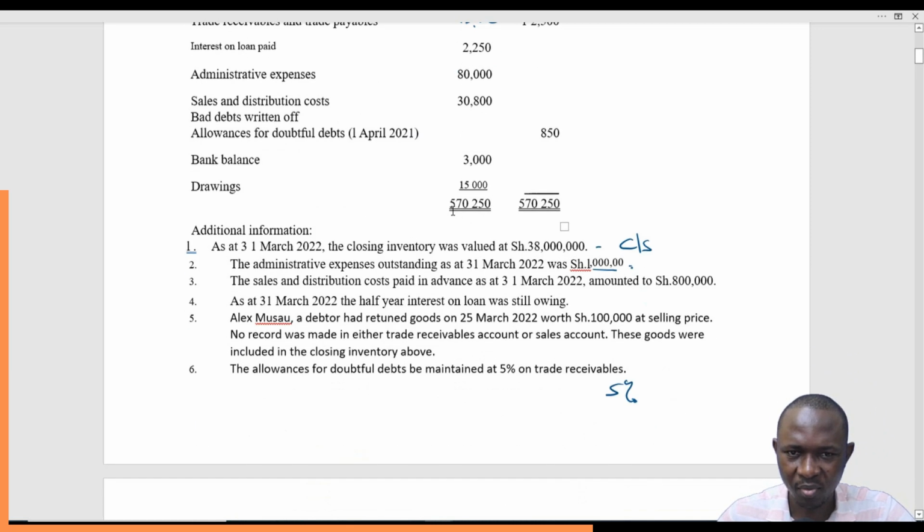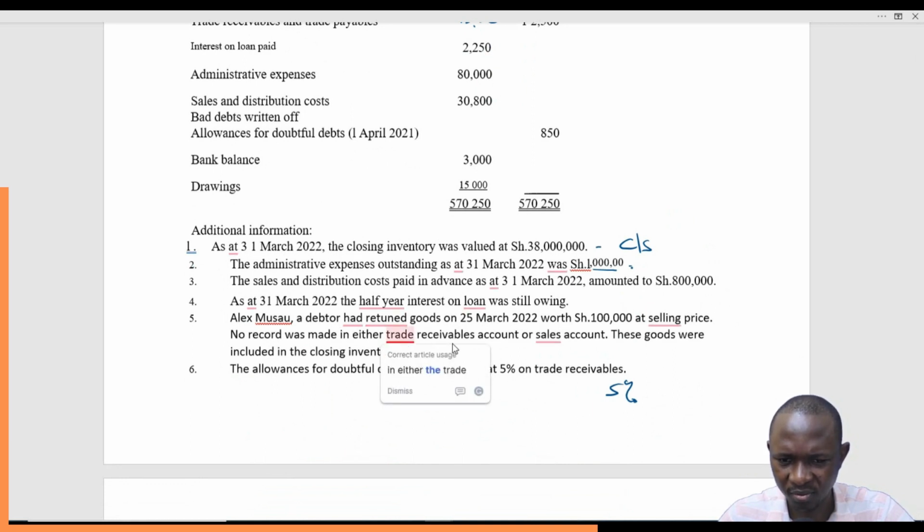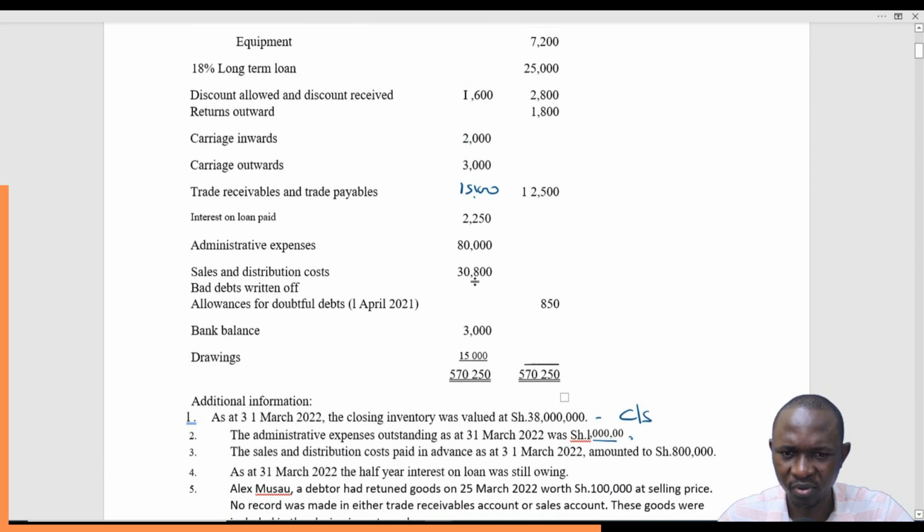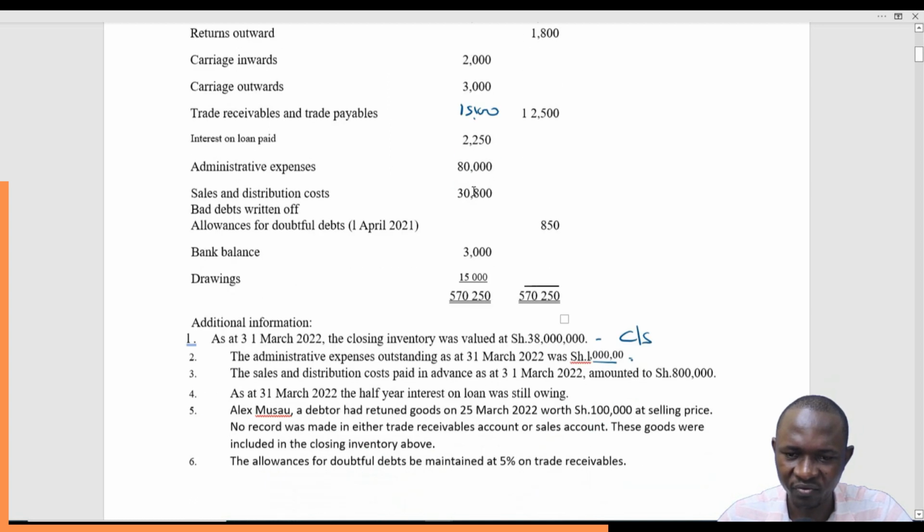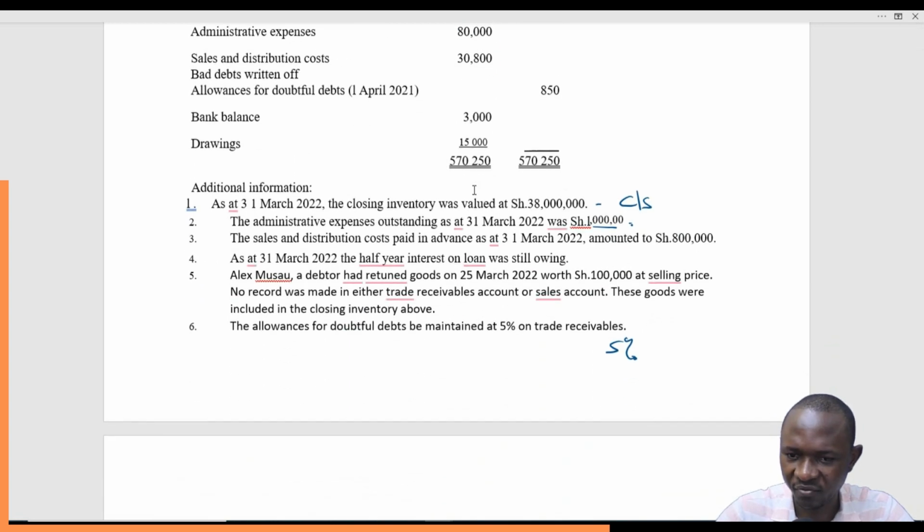But there's something about this 15,100. We were told here that no record was made in either trade receivables account or sales account, and goods worth 100 were returned. So it will be 15,100 minus 100, which were returned. It means our trade receivables will be 15,000. So then we take 5% of 15,000.